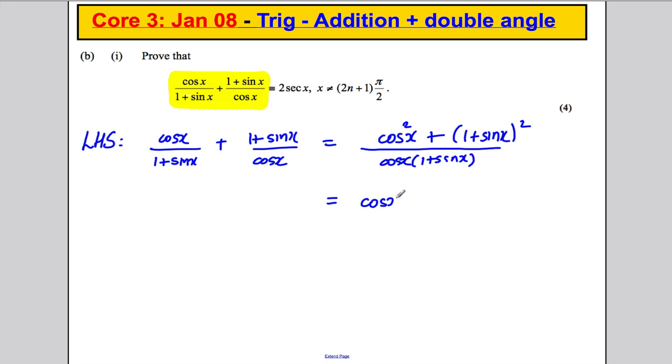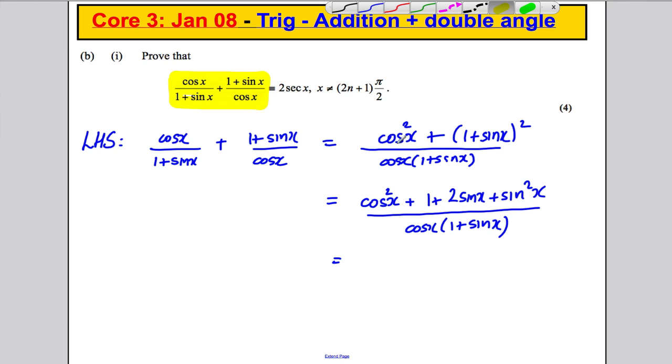Right, let's expand that. You would get cos squared x plus 1 plus 2 sine x plus sine squared x, all divided by cos x times 1 plus sine x. Okay, doesn't look helpful so far, but cos squared plus sine squared are 1, and you've already got a 1 there.